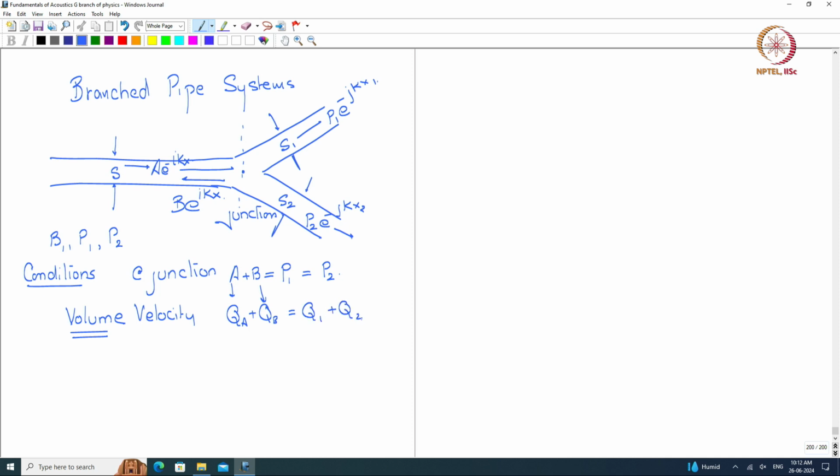Okay, note the difference here. So this is one condition, this is another condition 2, and this is the third condition. We have three unknowns.